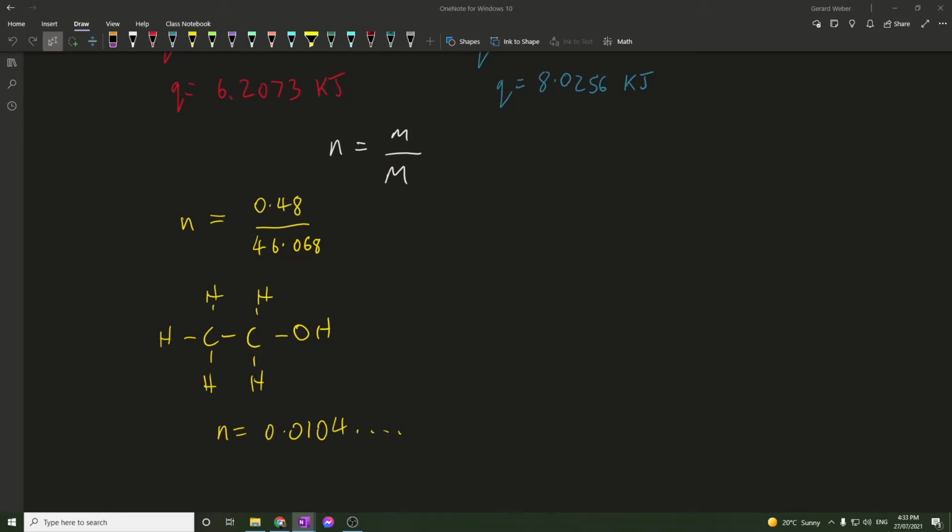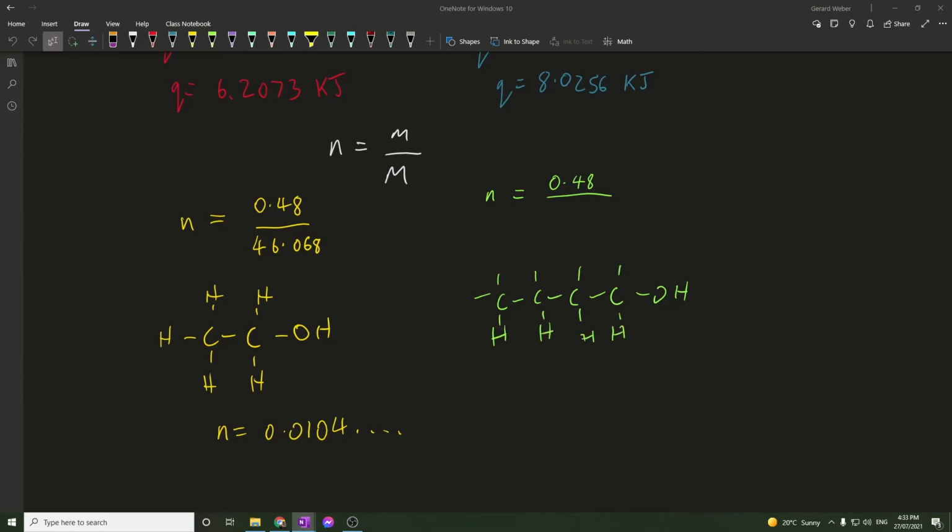I'm going to keep it in my calculator, and we'll calculate the number of moles of butanol, which is equal to 0.48 grams burnt divided by the molar mass. Now, butanol is similar to ethanol, but we have 2 extra carbons and 4 extra hydrogens.